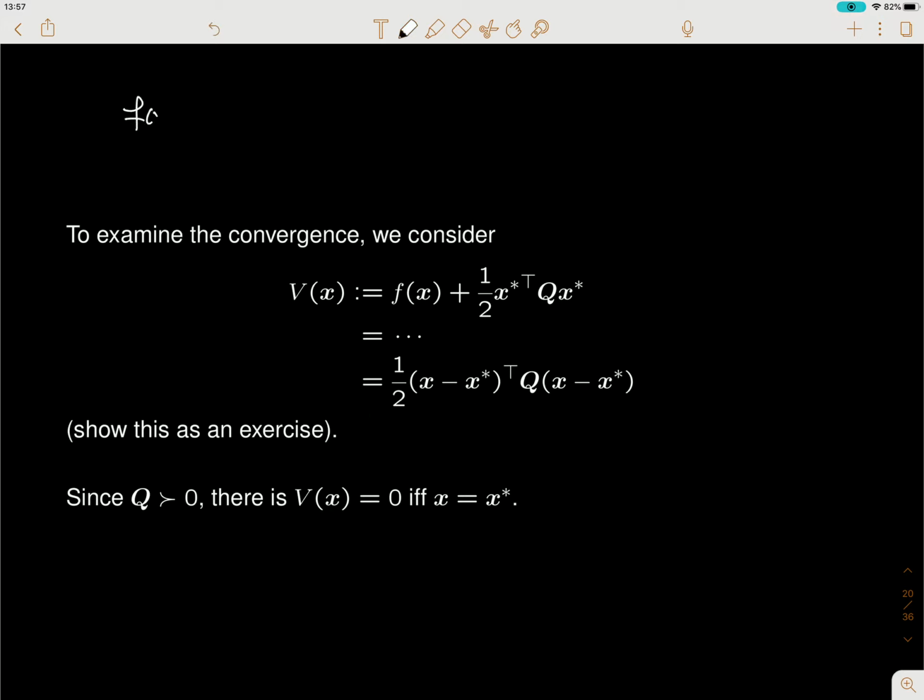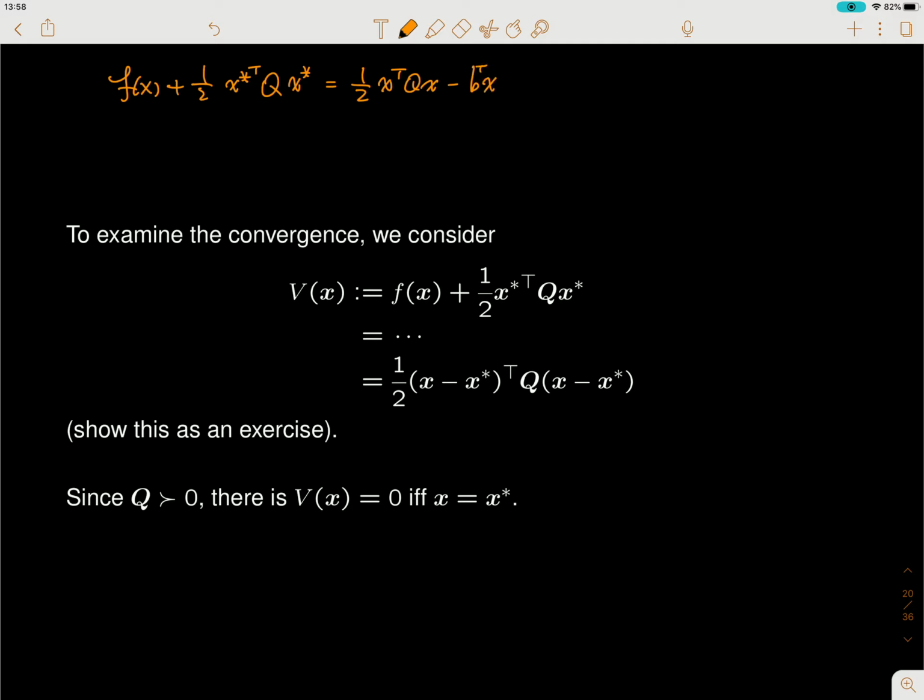So I have f of x plus 1/2 x star transpose Q x star, and this is equal to 1/2 x transpose Q x minus b transpose x.